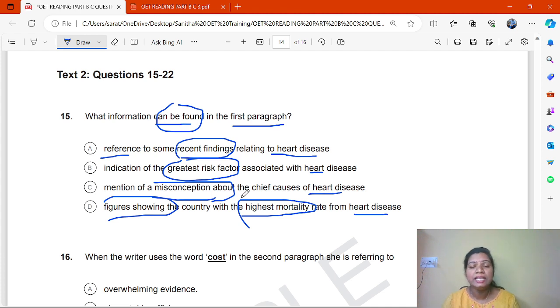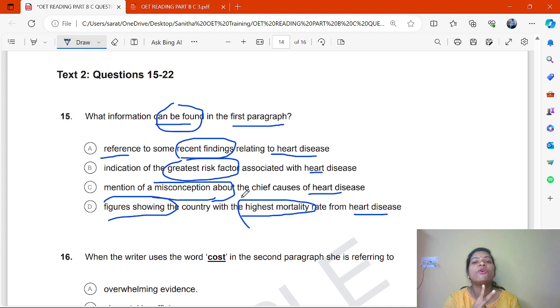Then what we have to do: come to the question. When you read the question you will understand what information can be found in this first paragraph. Then come to the options, read the first option, and match this option with the passage. Let me repeat once more: read the options and match each option with the passage. Here four options are there.